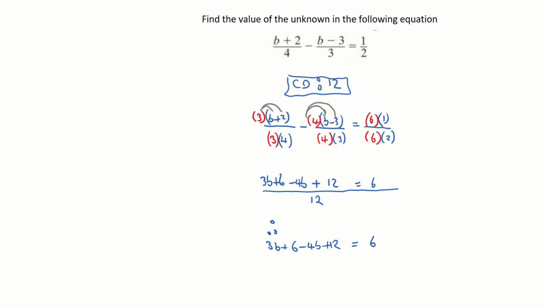Then I'm going to group like terms: 3b minus 4b, which is minus 1b, or just minus b. And then I'm going to put the plus 6 and the plus 12 together to make a plus 18, and that's equal to 6. Now I need to solve this, so I'm going to subtract 18 from both sides, or move over this 18, which will become minus 1b is equal to 6 minus 18.